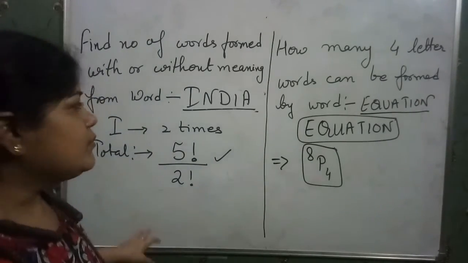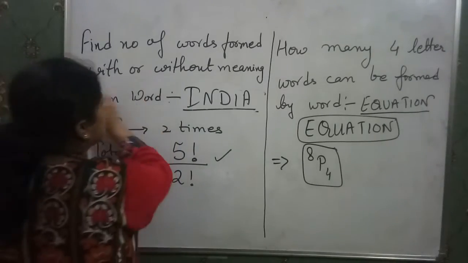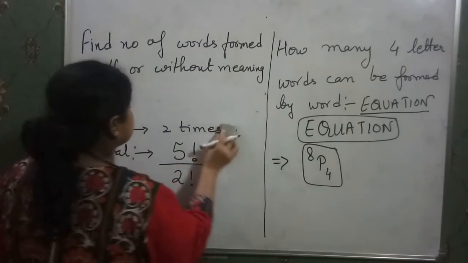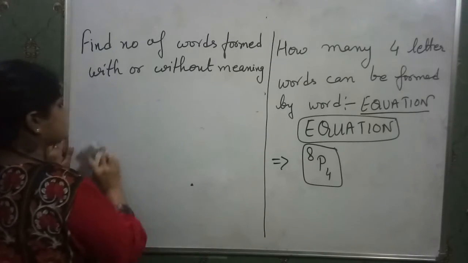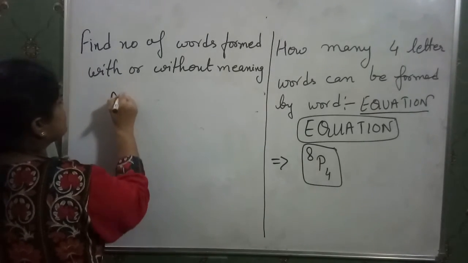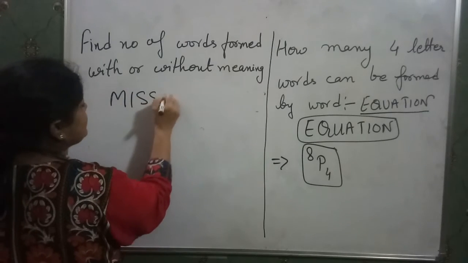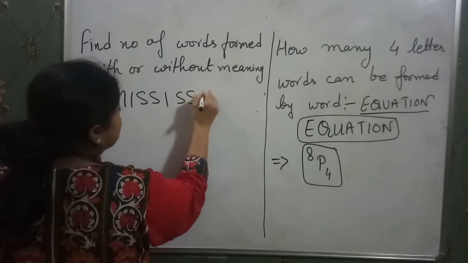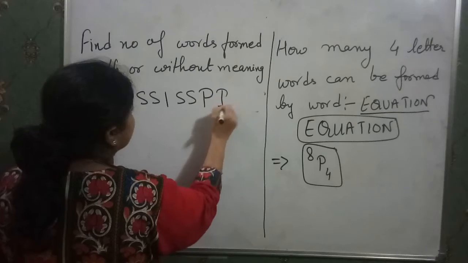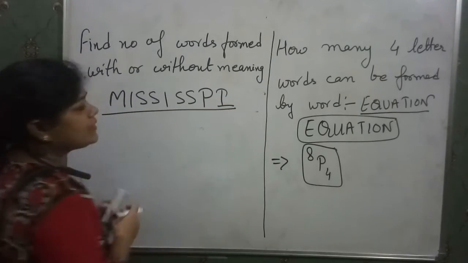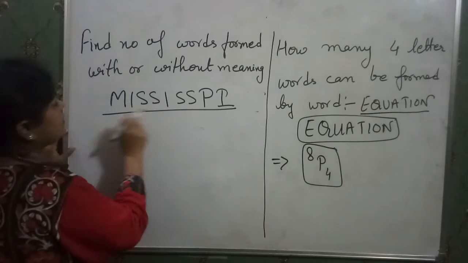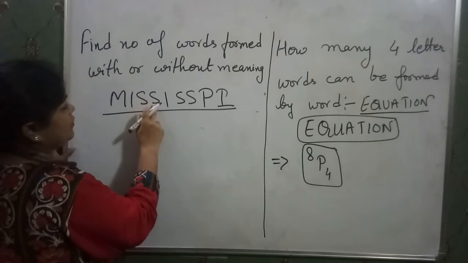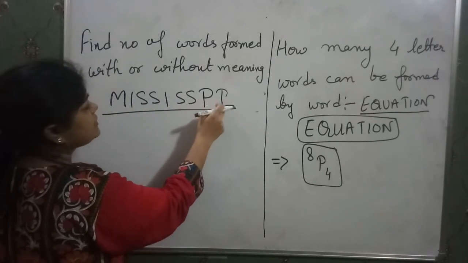So this is the total number of permutations formed from this word. I am going to take one more example. For example, we have a word like this, the most common word you always see, Mississippi. Clear? The total number of permutations in this case: just count them, 1, 2, 3, 4, 5, 6, 7, 8, 9.